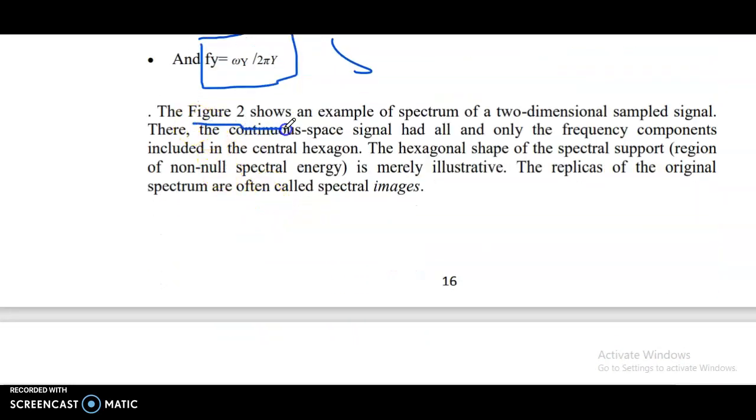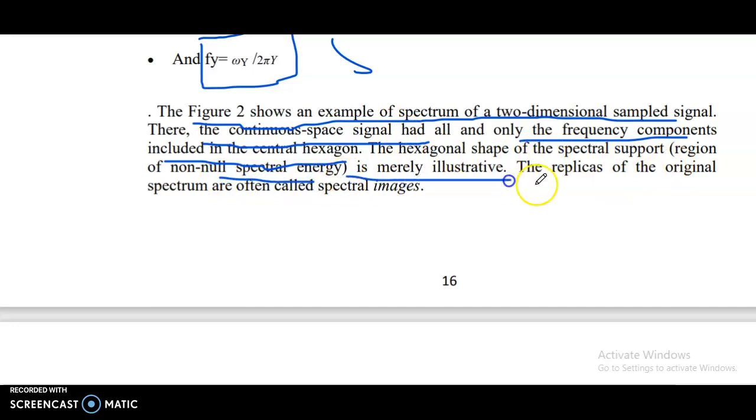Figure 2 shows an example of the spectrum of a two-dimensional sampled signal. The continuous space signal had all and only the frequency components included in the central hexagon. The hexagonal shape of the spectral support region of non-null spectral energy is merely illustrative.